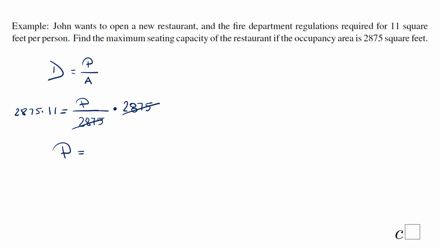It looks like there's gonna be a bunch of people. 2,875 feet times 11, and I end up with 31,625. Oh, it looks more like a stadium to me. How many people can fit in that restaurant?